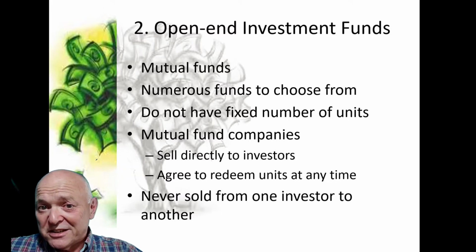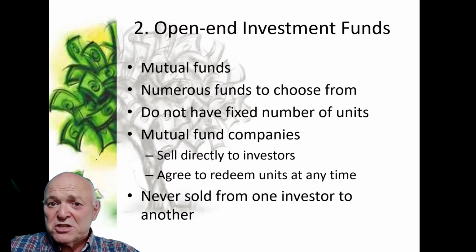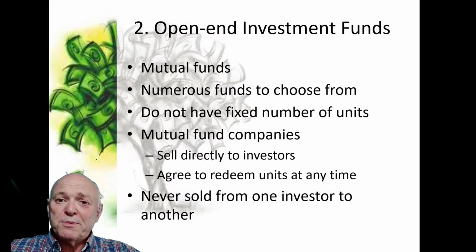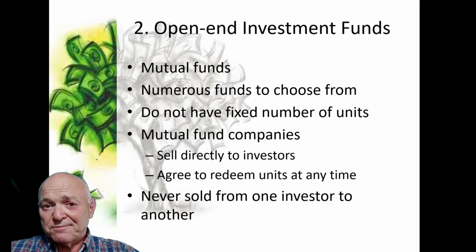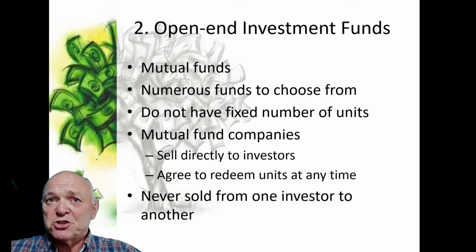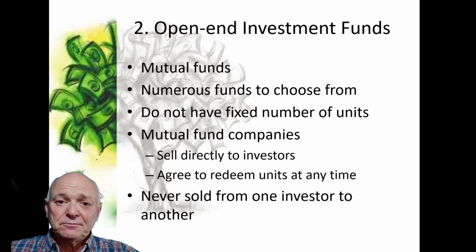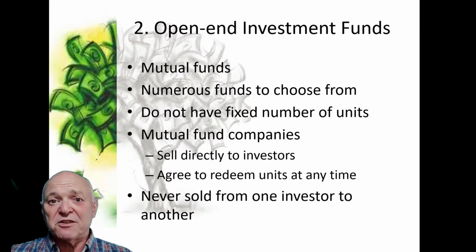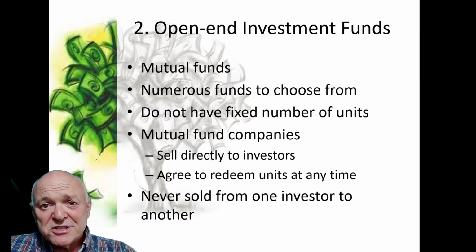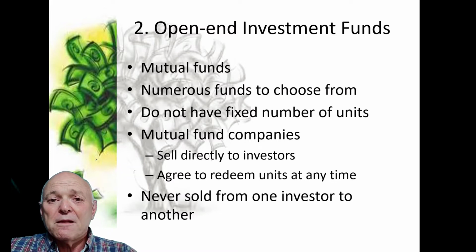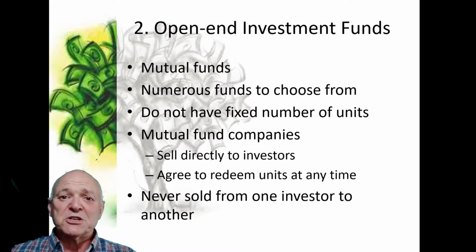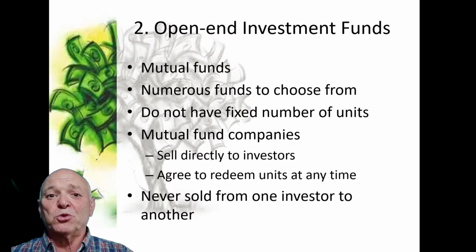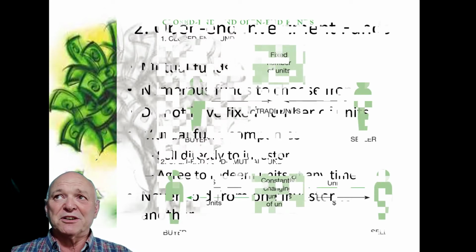Because they're open-ended, they don't have a fixed number of units available for sale. The more people who want to buy into a fund, the more units that can be created. So that's what we mean essentially by open-ended. Mutual fund companies sell directly to investors, and as an investor, you can redeem the units at any time. They're not directly transferred from one investor to another. They have to be sold back to and sold from the mutual fund dealer.